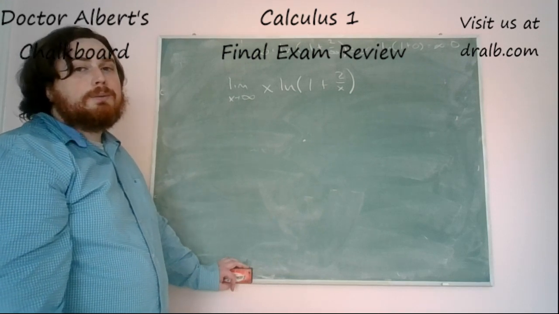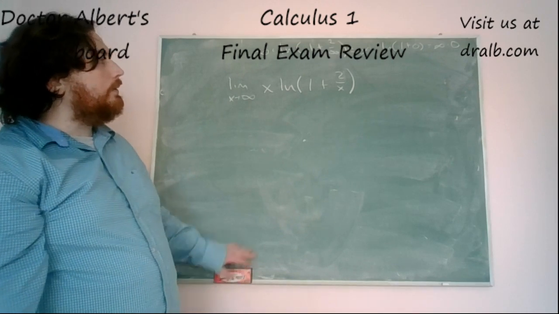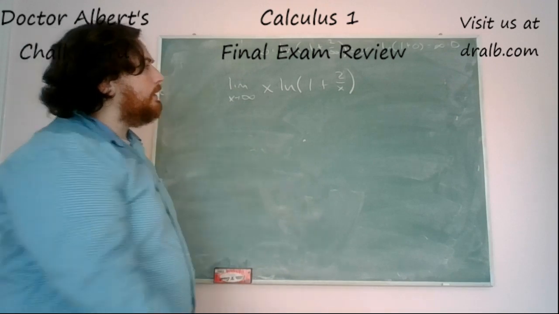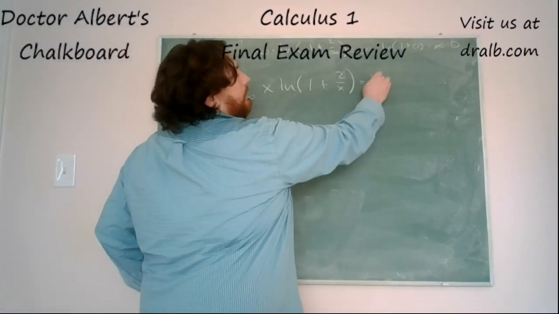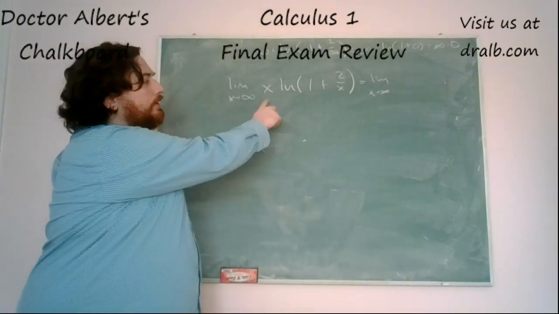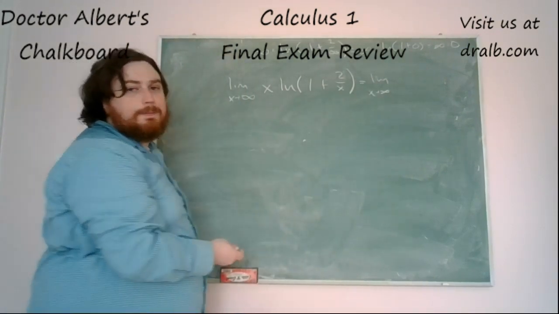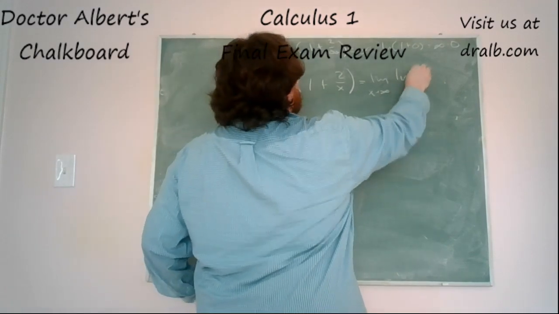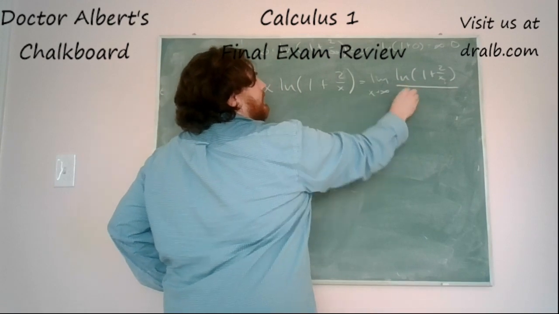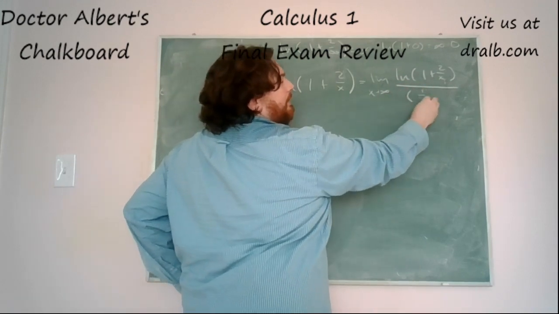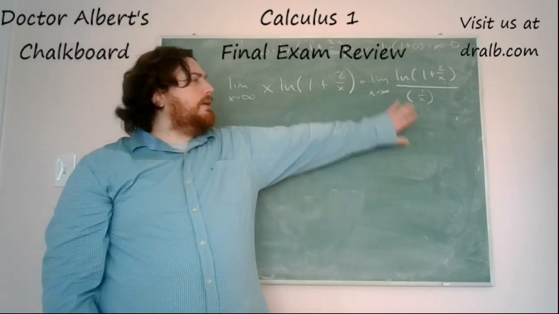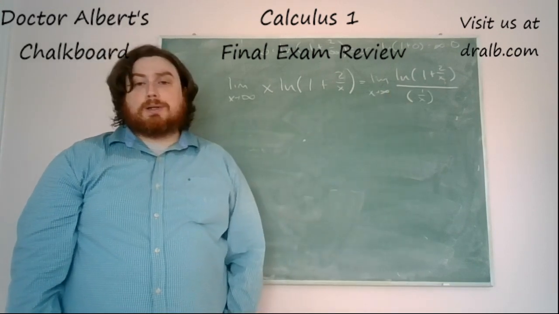Now we can't quite use L'Hopital's rule because we don't have a quotient. We need either infinity over infinity or 0 over 0. So what I need to do is take a product and turn it into a quotient. So the way I'm going to do that is instead of multiplying by x, I'm going to divide by 1 over x, because dividing by 1 over x would just be multiplying by x.